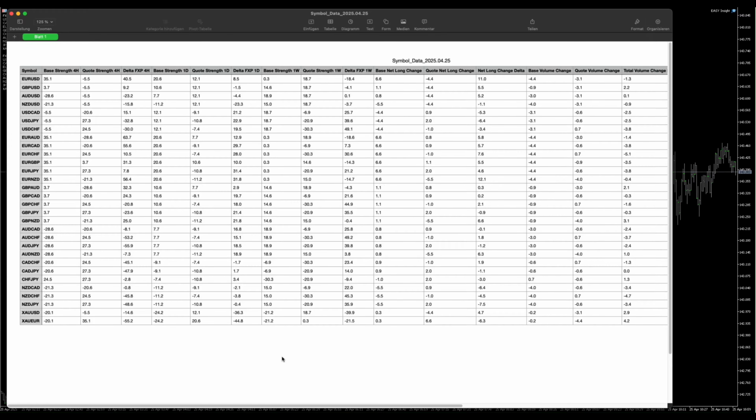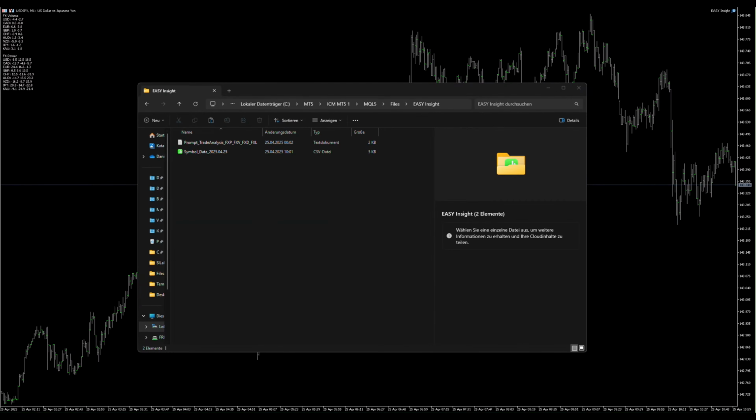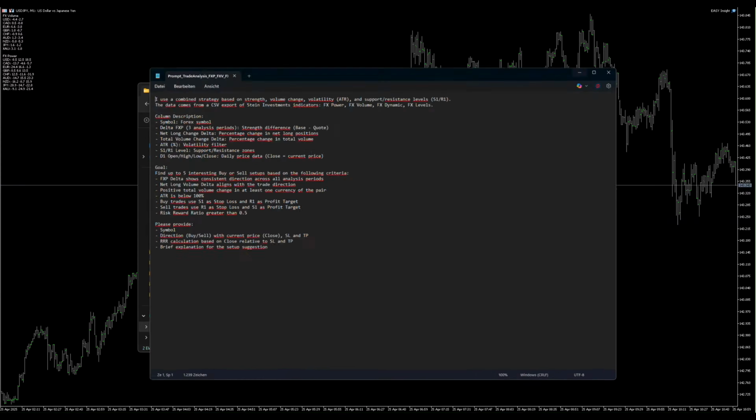So I thought it might be way better to send plain text files or CSV tables, as in this example, so that the AI doesn't have to interpret from an image, but just gets pure data and the detailed information with the text prompt.